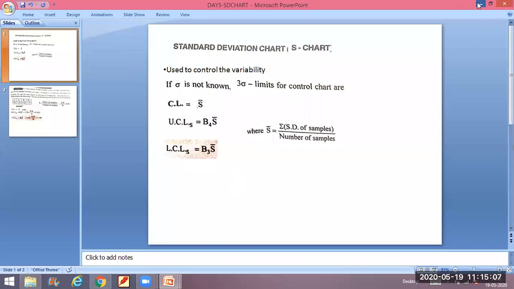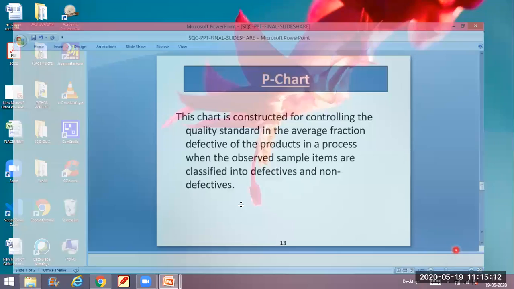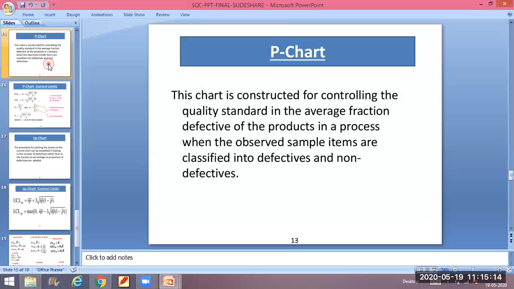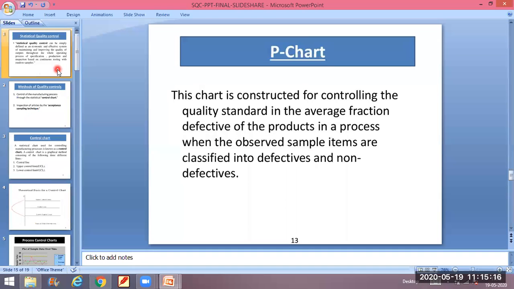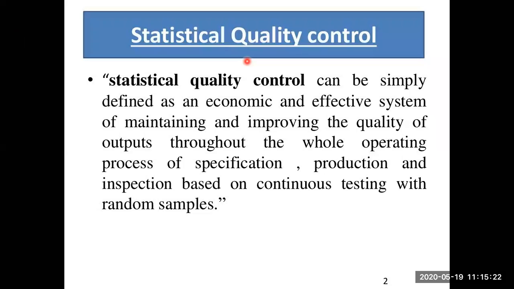Next we will go for the revision of statistical quality control. The entire concepts are completed, so now we are doing the revision. Statistical quality control can be simply defined as an economic and effective system.